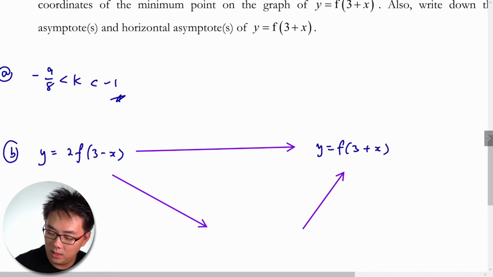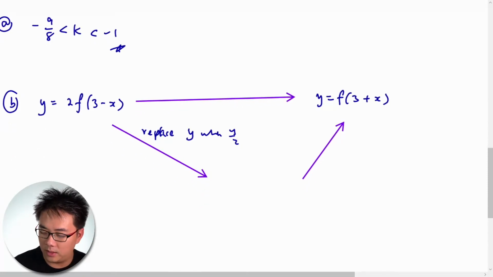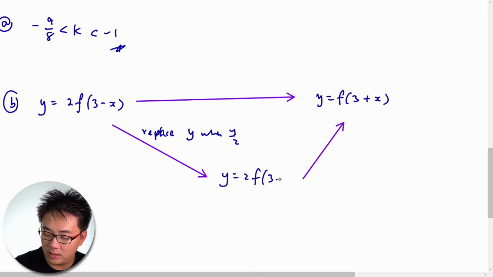One is replacing y with y over 2. I'm just going to use this method, it depends on what kind of school method they are using. The other is replace x with minus x.